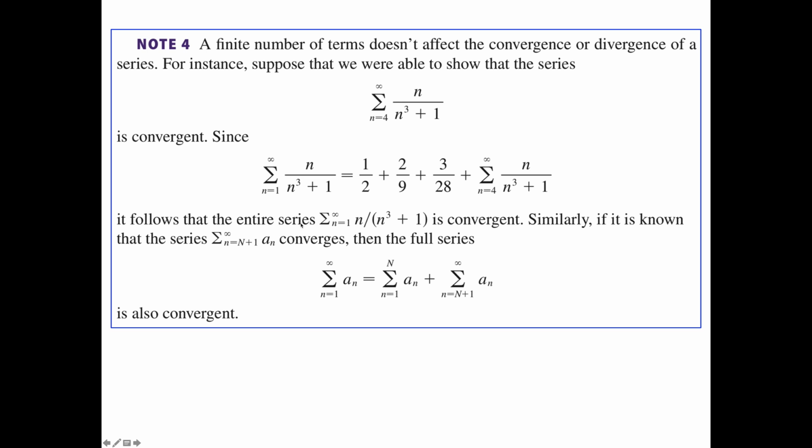So it follows that this series, if we started at 1 for n, will also be convergent. Similarly, if it is known that a series is bigger, has more terms, and we want to take off a few terms, then that smaller series would also be convergent.